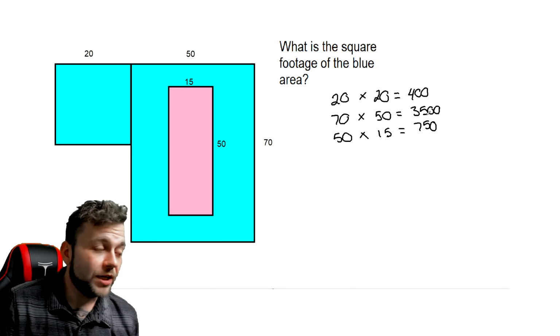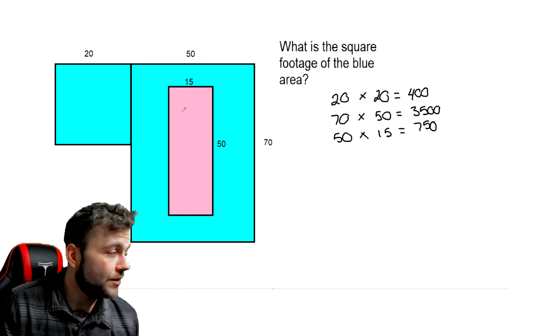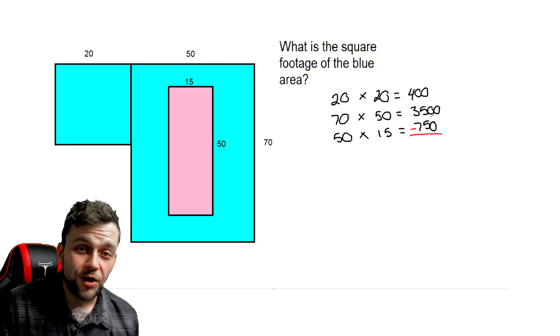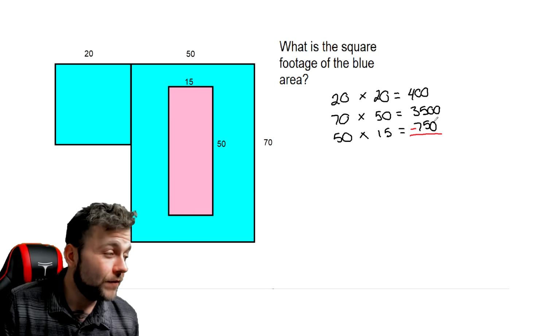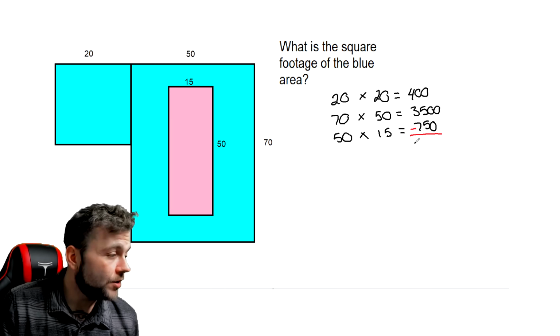So we want to take the 3,500 and subtract the pink space. So we're subtracting the pink space. So 3,500 minus 750, that is, our new answer for that area is 2,750.